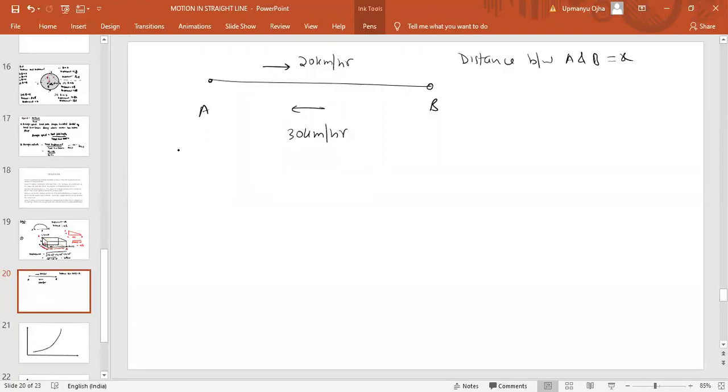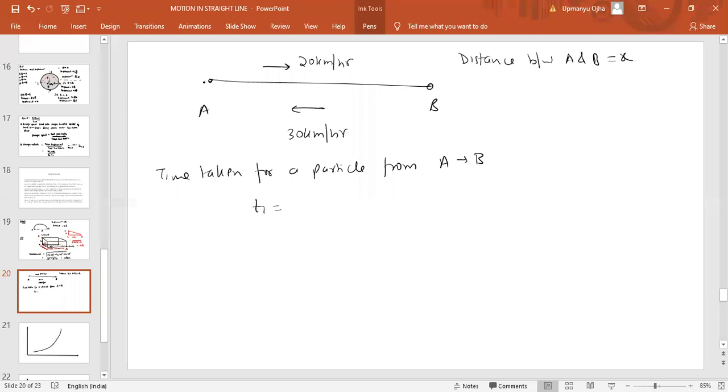So can we find the time taken for a particle from A to B? Means from A to B, how much time it has taken? Say t1. That would be equal to distance by speed.